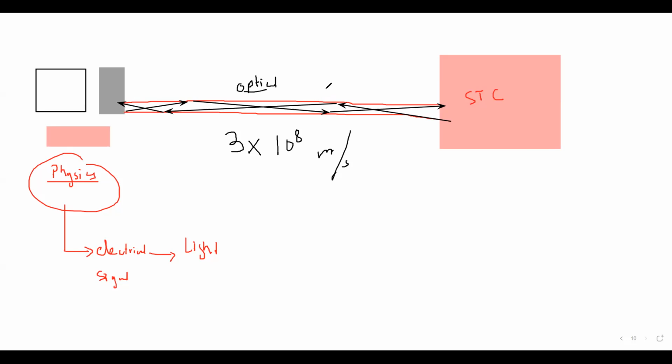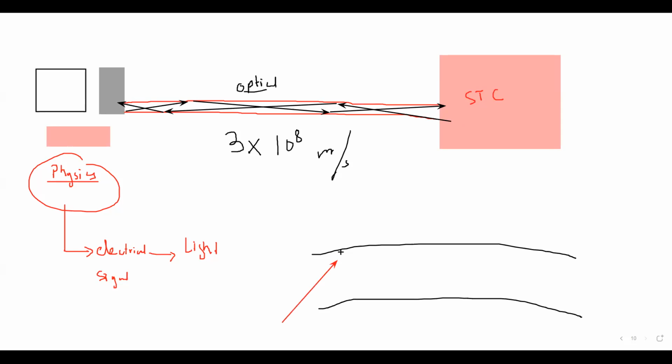In the exam, they don't ask you to explain how information transfers from one place to another. You should only be able to complete the path of the optical fiber. Normally they give you a fiber optic and say complete the path, but don't show multiple reflections.